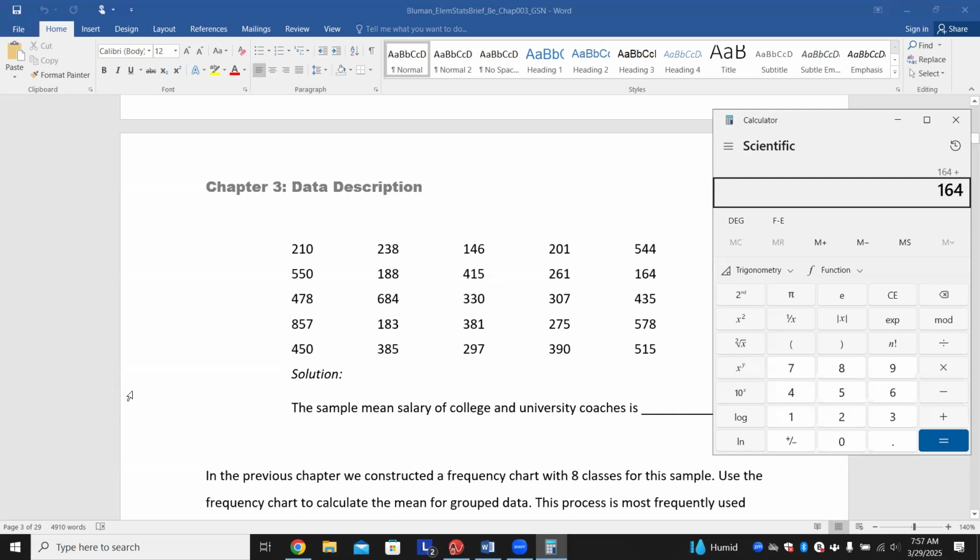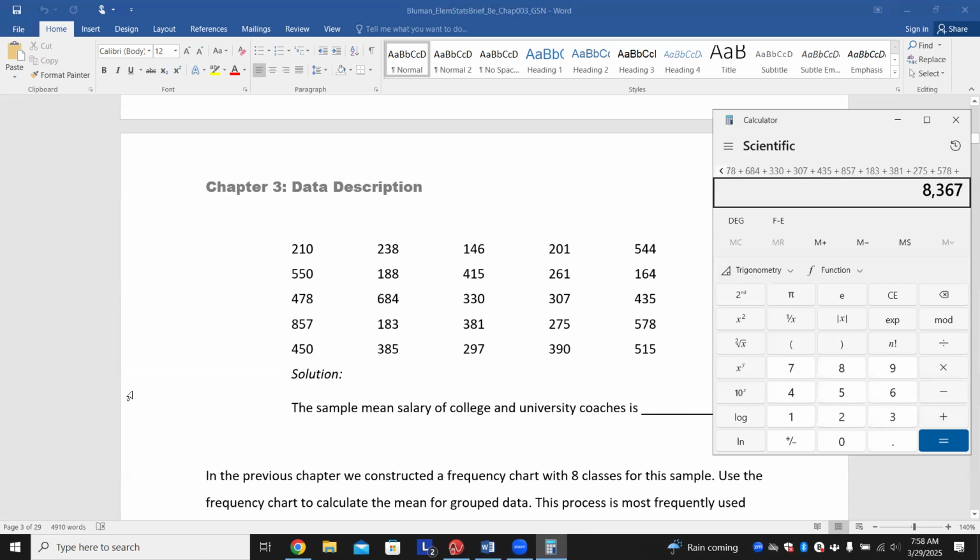So 164 plus 225 plus 225 plus 140 plus 188 plus 210 plus 238 plus 146 plus 201 plus 544 plus 550 plus 188 plus 415 plus 261 plus 164 plus 478 plus 684 plus 330 plus 307 plus 435 plus 857 plus 183 plus 381 plus 275 plus 578.